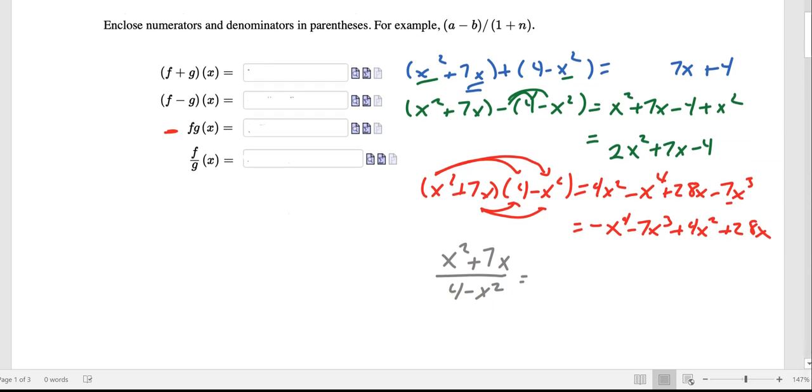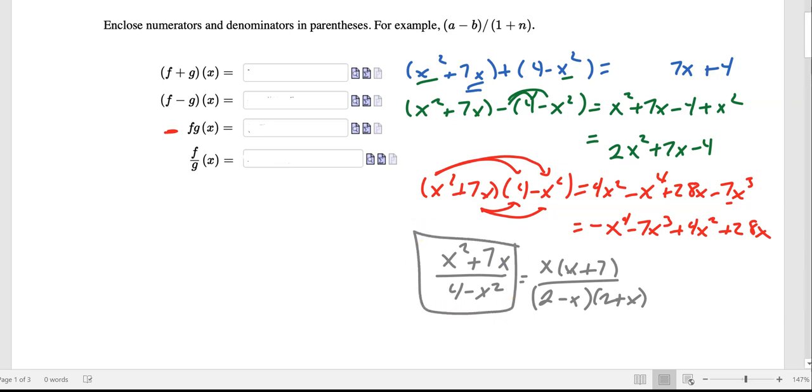If you can write it in lowest terms, the top you could factor out an x, that's the greatest common factor. So that's x times x plus 7. The bottom is the difference of two squares, so you get 2 minus x, 2 plus x. Now neither the numerator nor the denominator have a factor in common, so it's not going to reduce. You're safe just leaving it like this.